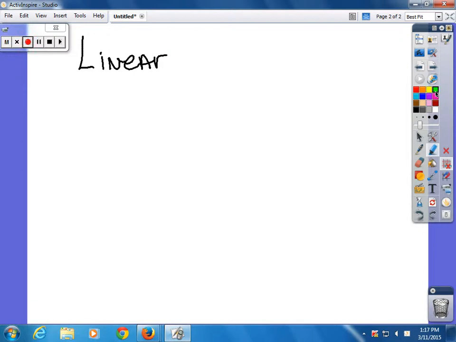The word linear means straight what? Line. There's a lot of people that go through algebra, and I'm serious, and they don't know what linear means. A linear equation means an equation that describes a straight line. You'd be surprised how many people don't know that.